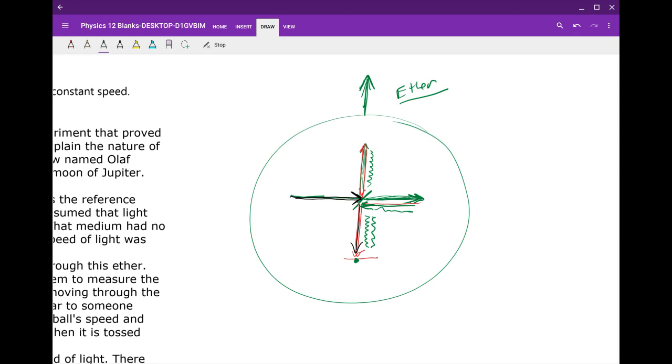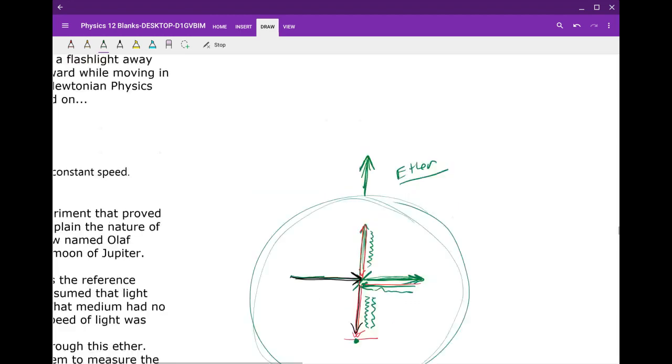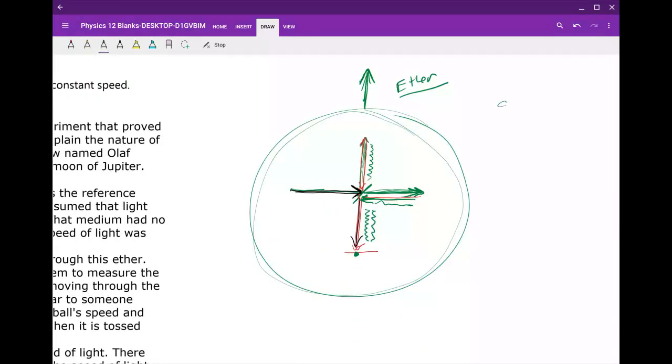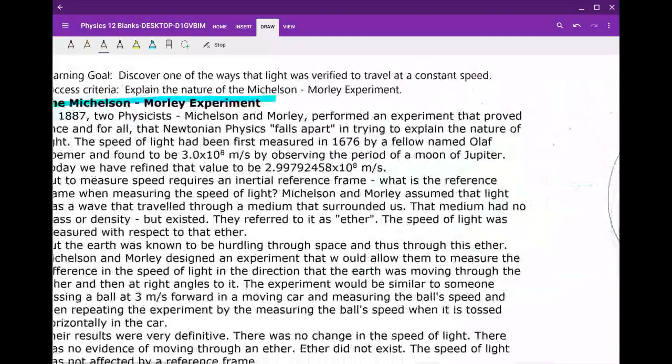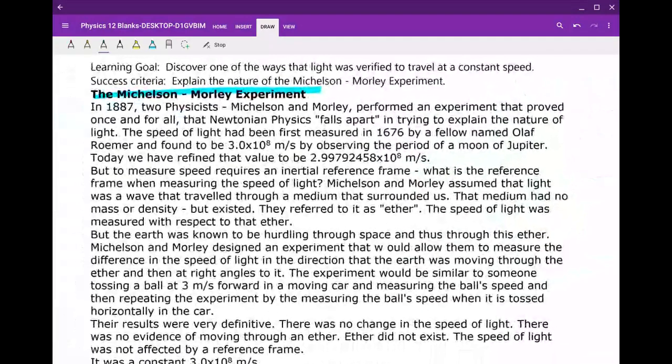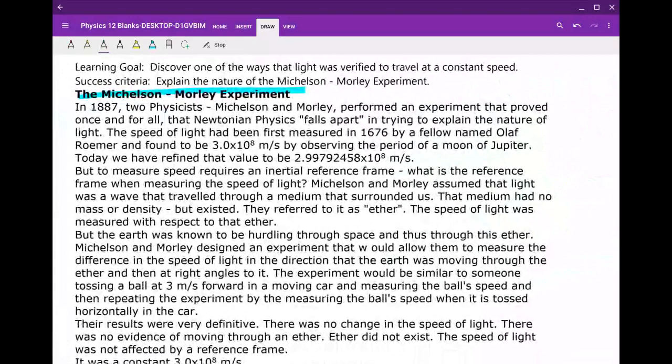It's kind of like if I put light on a moving sidewalk, is it going to move faster than light not on a moving sidewalk? They were thinking the Earth itself was the moving sidewalk through the space out here. Anyway, that was the Michelson-Morley experiment, one of the most important experiments in history, as people sometimes say.